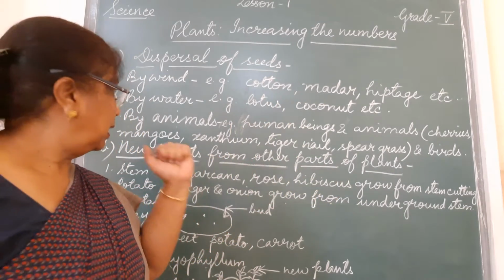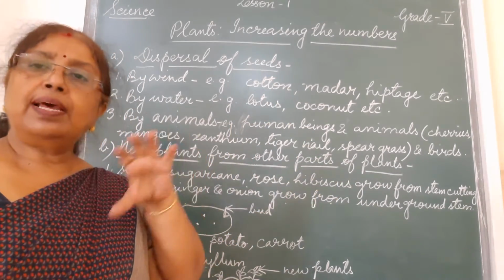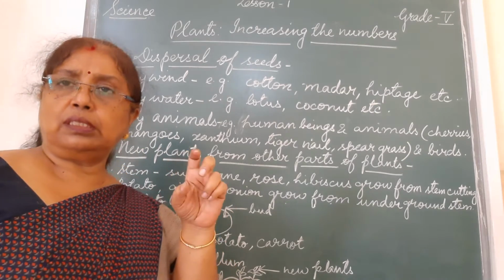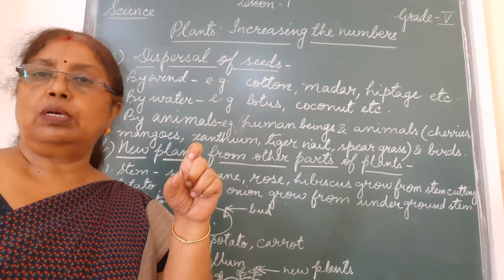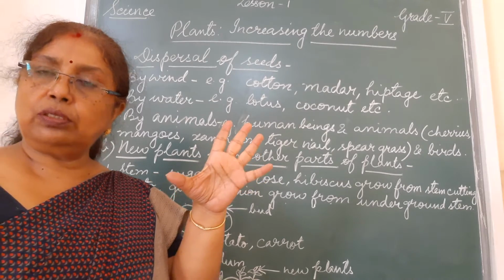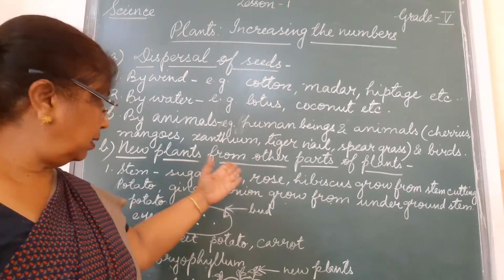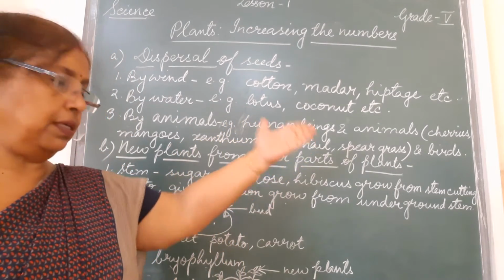And also there are some plants which have got some hooks or spine kind of structure on the seeds, like xanthium, tiger nail and spear grass.